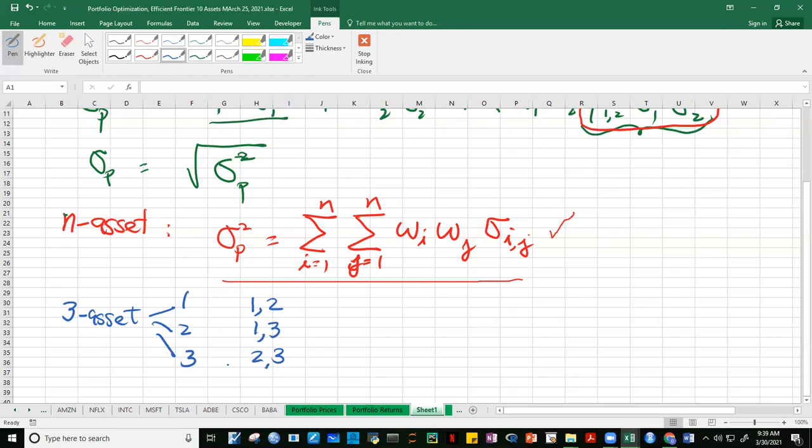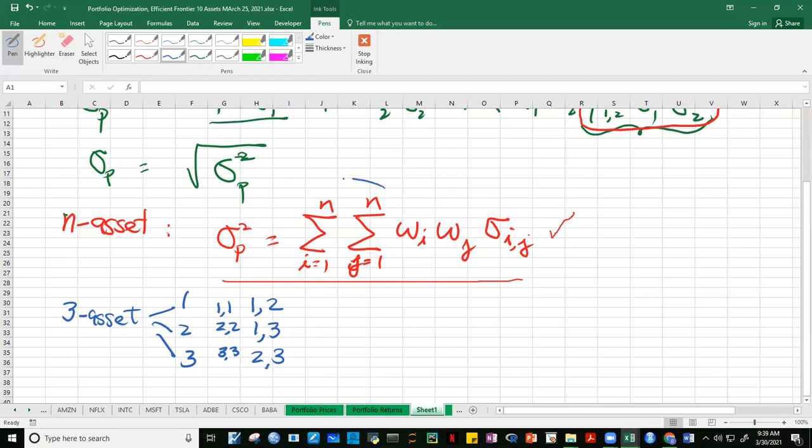Yes, sir. Three pairs. Actually, you also pair each asset with itself, no? 1 with 1, 2 with 2, and 3 with 3. Pairs with itself. So 1 paired with 1, 2 paired with 2, 3 paired with 3, and then 1 paired with 2, 1 paired with 3, 2 paired with 3.